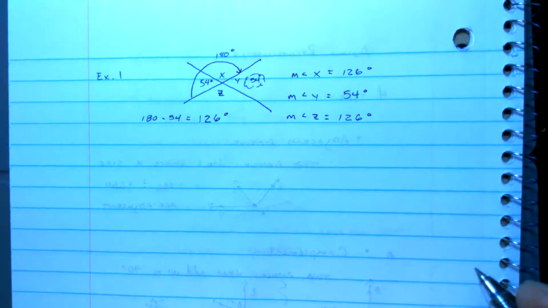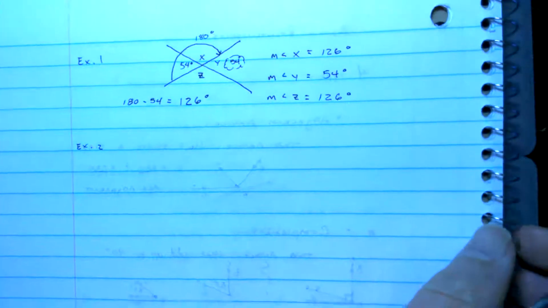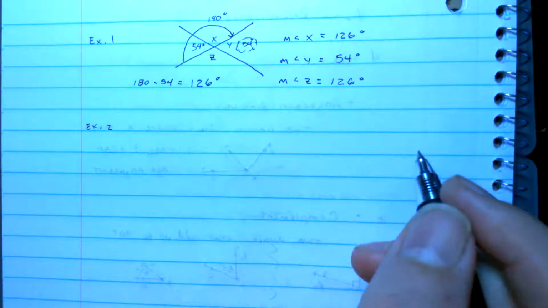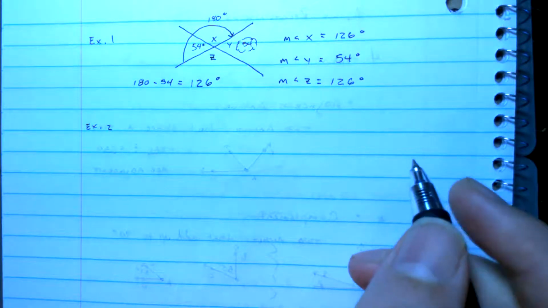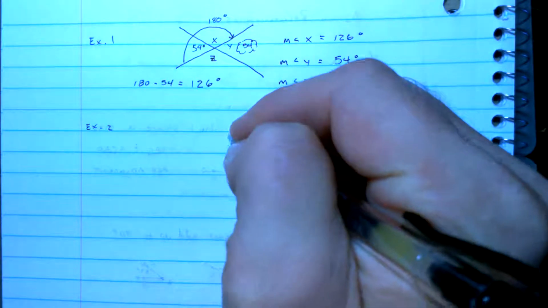Looking at one more example, we're going to get a little bit fancier. Well, maybe two. So example number 2. I'm going to draw it out, and then I'm going to wait just a little bit to give you some time so that you can pause this and see if you can figure them all out on your own. If you can, then great. But here we go.